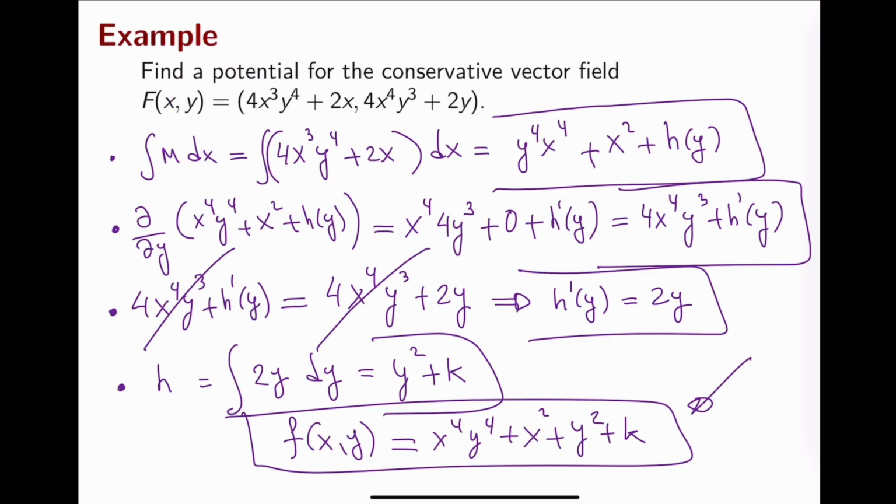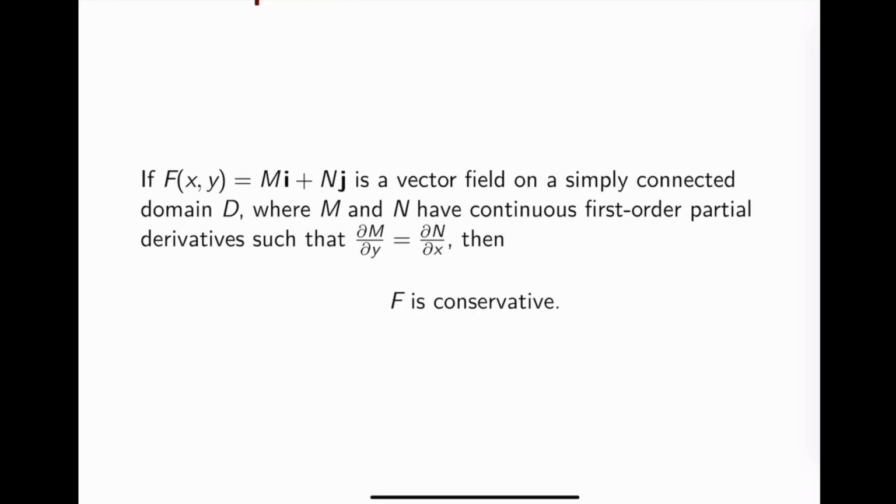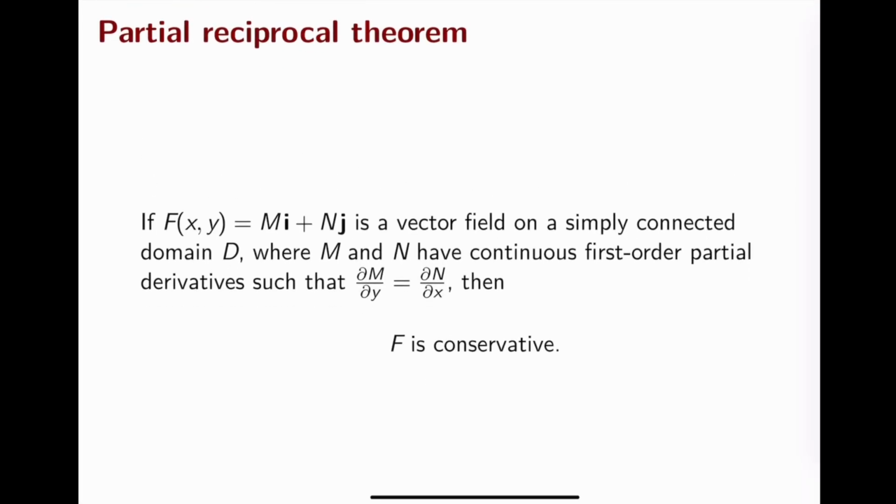So we said at the beginning, let's assume that this vector field is conservative. Well, we can actually know that this is the case, because this is a kind of partial reciprocal theorem of the one that we have seen already. Remember that we knew that if the vector field is conservative, then these two things coincide.